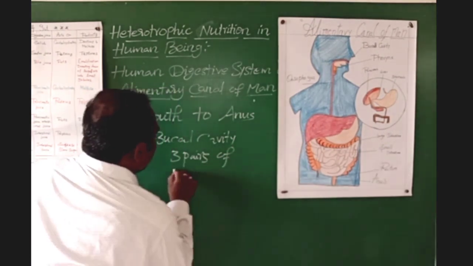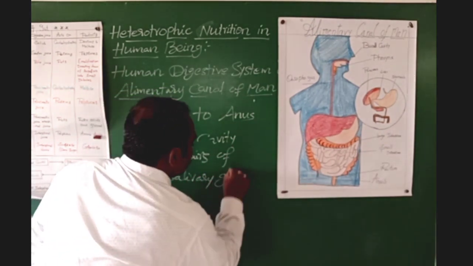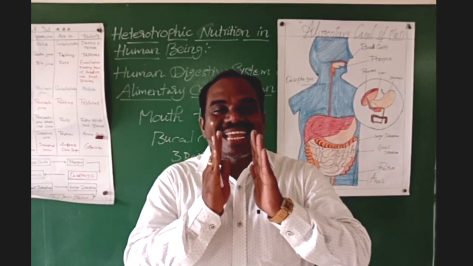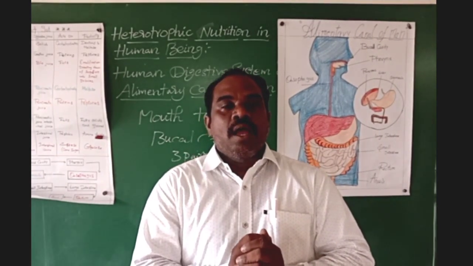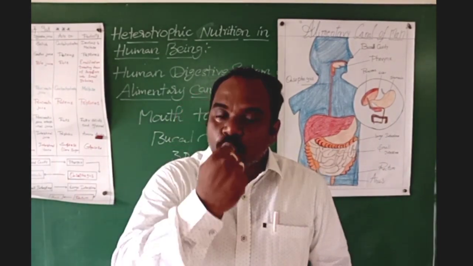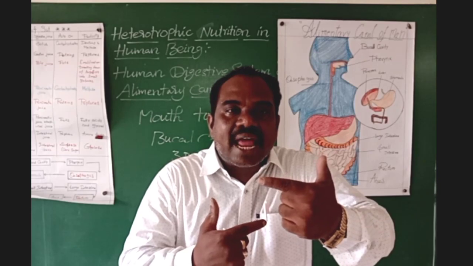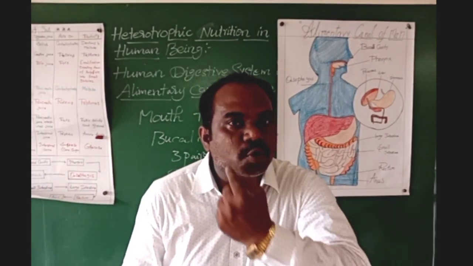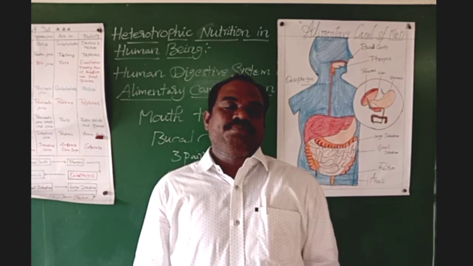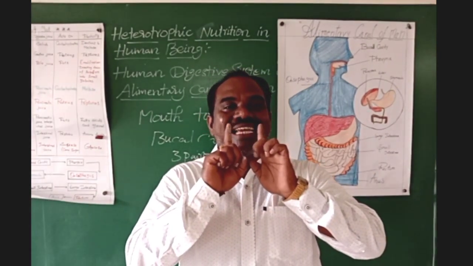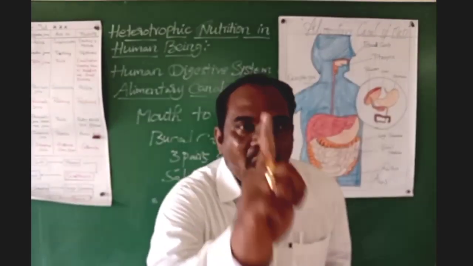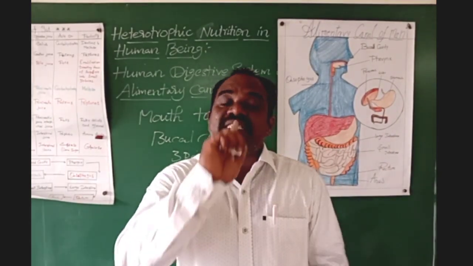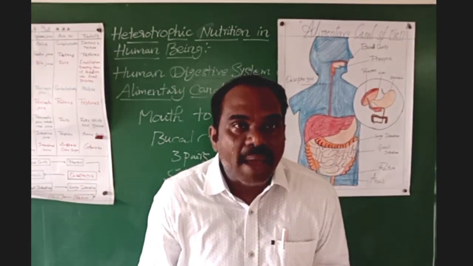One pair of salivary glands is present at the sides of the jaws, one pair is present below the tongue, and another pair is present in our palate.